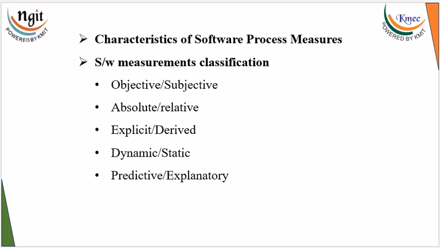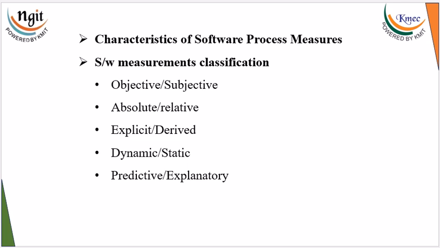Next we'll try to understand the software measures: what measures are supposed to be taken on the data, and what the characteristics of this data are. Software process measures should have a certain list of characteristics. First, the measures that are taken should be robust in nature. The measures should create a certain set of rules that are supposed to be followed.